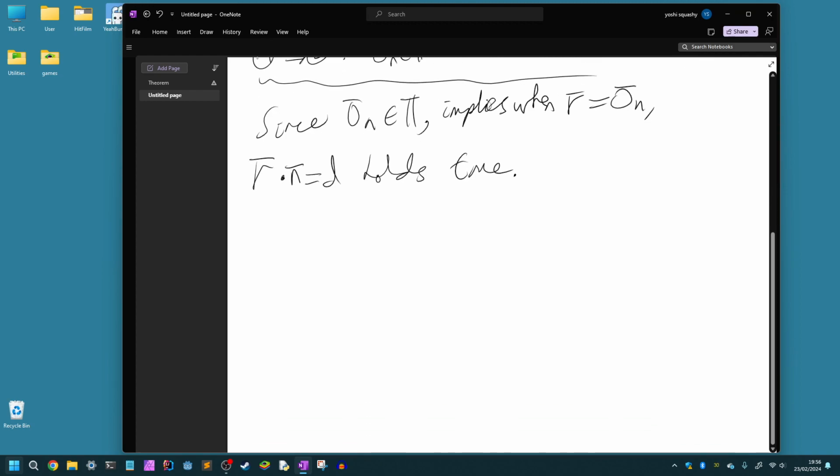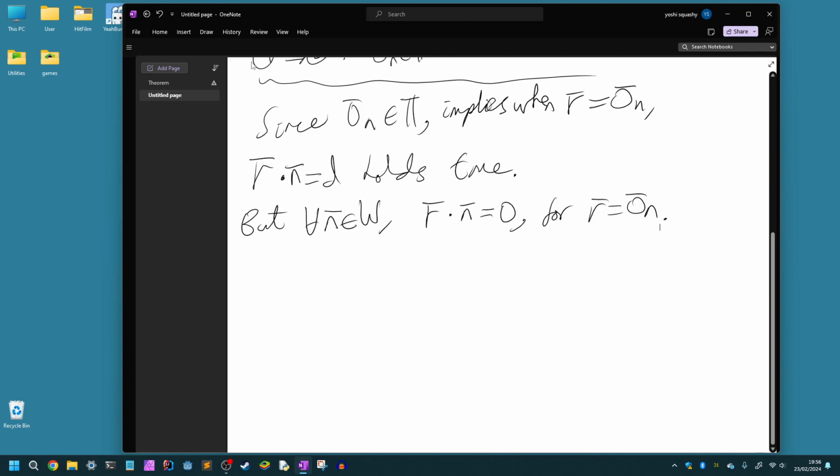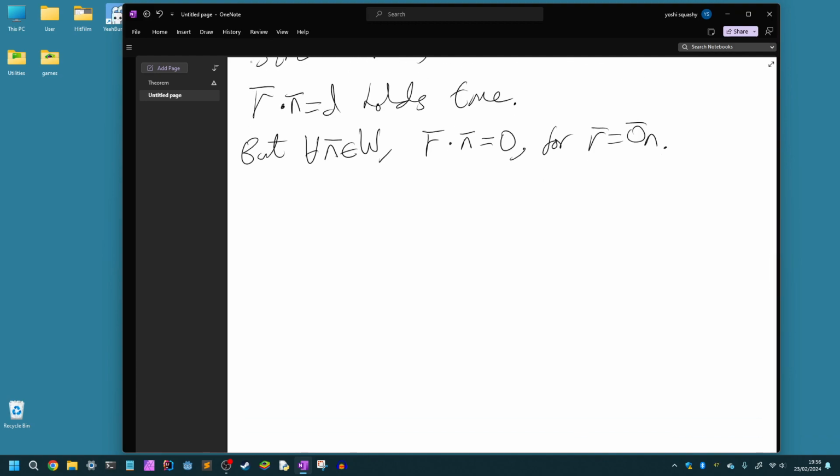But for any n of the set W, r dot n equals 0 for r equals 0_n. This implies that 0_n of pi implies d equals 0, as required.